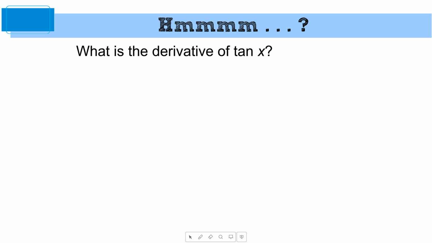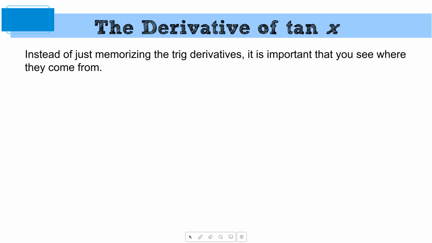Would you split it into sine x over cosine x and then do the quotient rule? Nicely done. Tangent is sine over cosine.